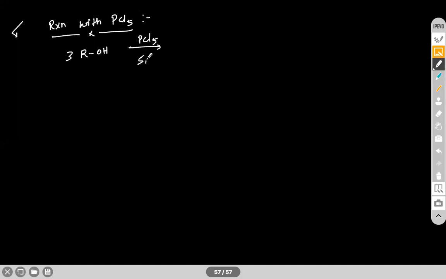The mechanism is SN2 and it forms RCl plus POCl3 and HCl, correct. The mechanism is SNi; it also involves SNi and SN2. Both methods we have here, along with SN2. Okay.